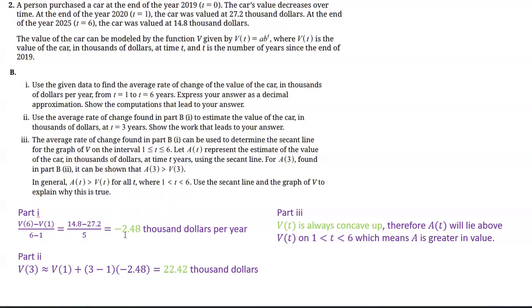You use the rate of change from the average rate of change that you just found in part one. So instead of an exponential decay, you have a linear decay, a linear decrease. So how much do we decrease by? Well, that's the change in time, 3 minus 1, which is 2. So 2 times the average rate of change.